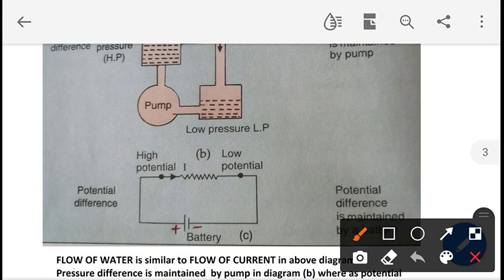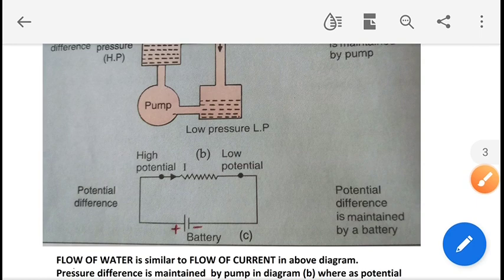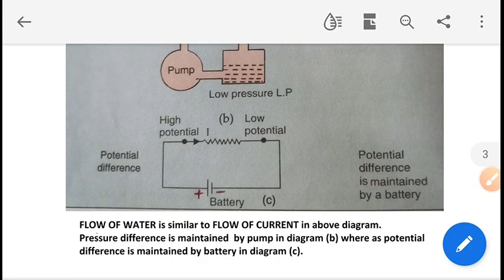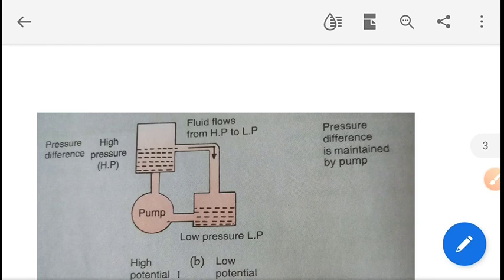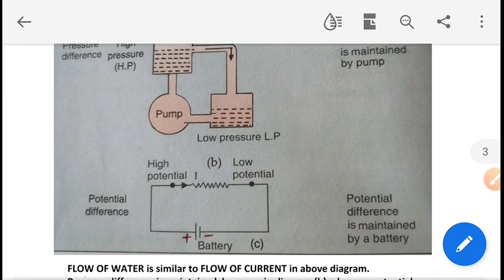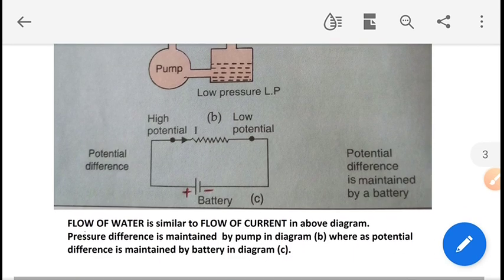You can see potential difference is maintained by the battery in this case, and here pressure difference is maintained by the pump. So the pump is very much similar, analogous, to the battery. Whatever work is done by the pump here, the same work is done by the battery. I hope you have understood it.